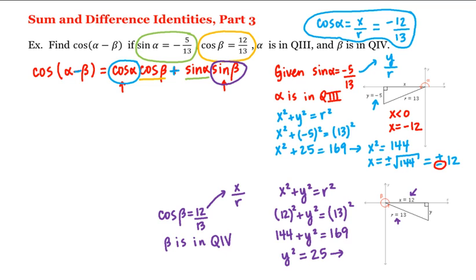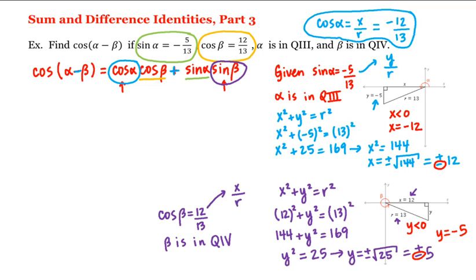And therefore, y is equal to plus or minus the square root of 25, which is equal to plus or minus 5. Now, since y's are negative in quadrant 4, we're going to choose the negative down here. That is, y is equal to negative 5.